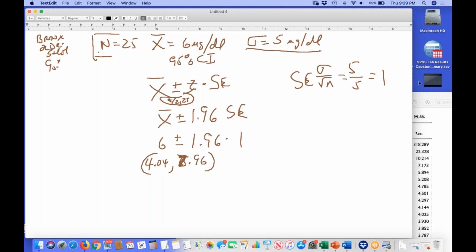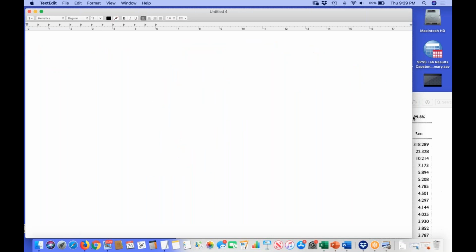Okay, I'm going to do it again, except this time I don't know what the population standard deviation is. This time, my sample size is going to be 25. Our mean, again, is going to be the same for those 25 kids, 6 micrograms per deciliter.